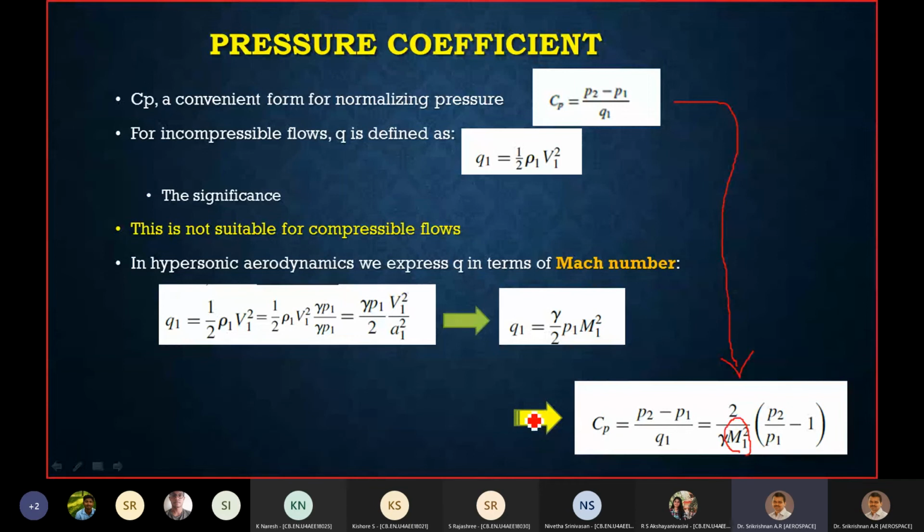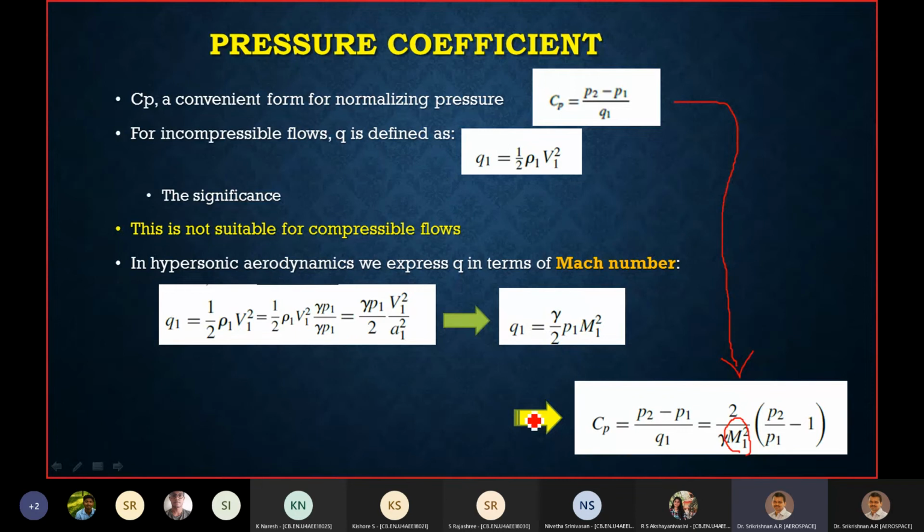So CP is defined in the same way as you have used in aerodynamics, P2 minus P1 by Q1. But instead of velocity, we are going to write that in terms of Mach number because we are going to use Mach number more commonly in hypersonic flows to characterize the flow field than velocity. So what is going to characterize the flow field is Mach number.